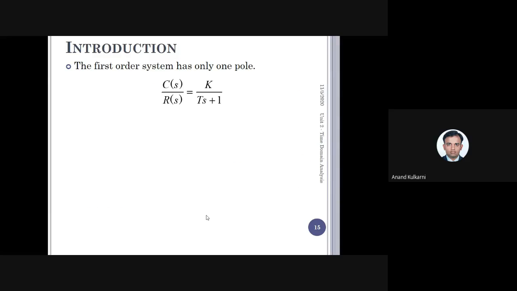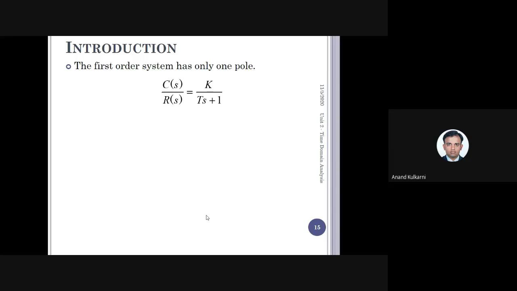Here you can read that a first order system has only one pole. Forget poles and all those things, that we'll study in the third unit. First we have to see what is known as the order of the system. It is not possible to generalize the system.